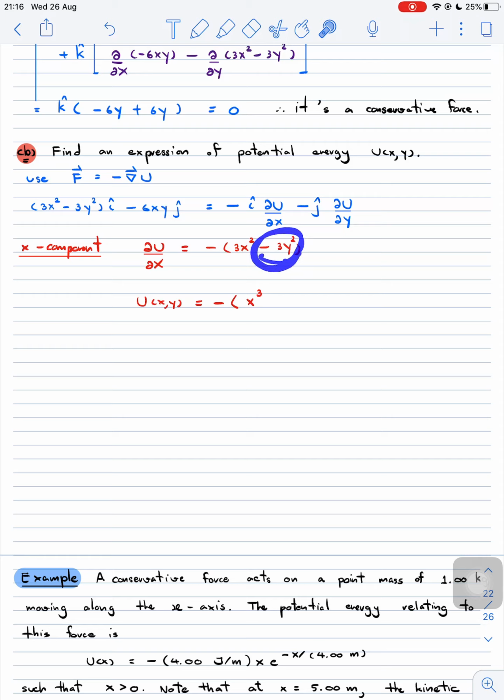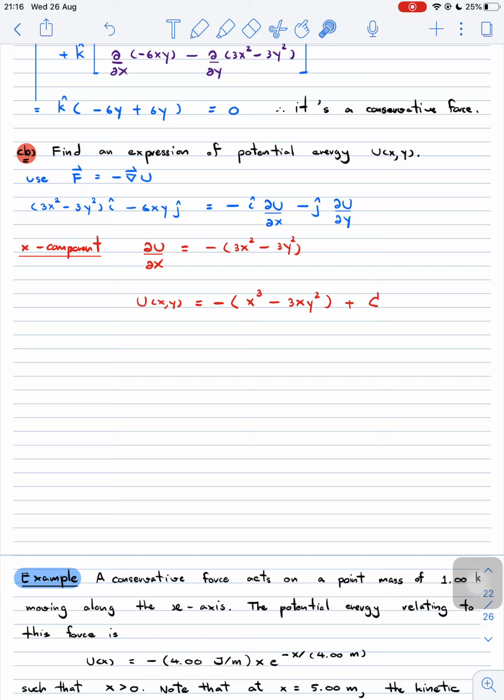So this term doesn't have x, okay? So the y here seems to be a constant for x because this is a partial derivative, right? Then it's going to be equal to negative 3xy squared, okay? And then again we need to add the constant, right?